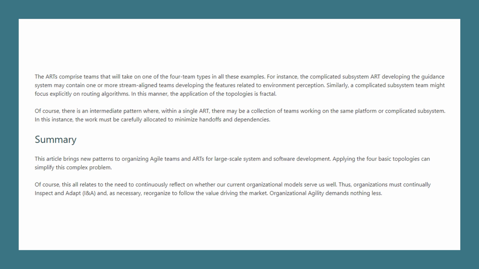Applying the four basic topologies can simplify this complex problem. Of course, this all relates to the need to continuously reflect on whether our current organization models serve us well. Thus, organizations must continually inspect and adapt and, as necessary, reorganize to follow the value driving the market. Organizational agility demands nothing less.